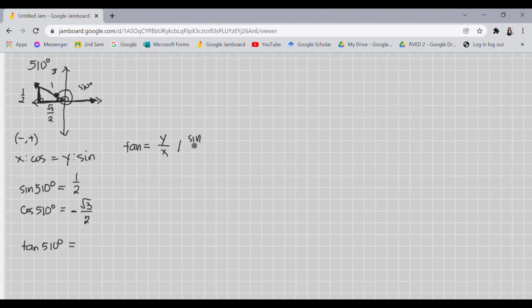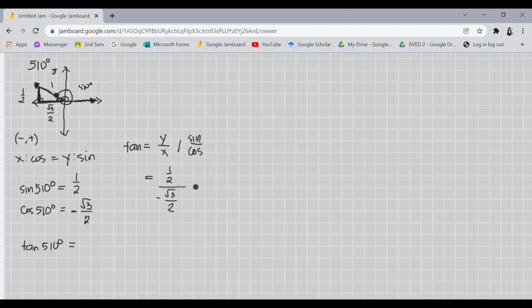That's your tangent. So, if your sine is 1/2 and your cosine is negative square root of 3 over 2, therefore, you have 1/2 over negative square root of 3 over 2. Okay, that's for your tangent.